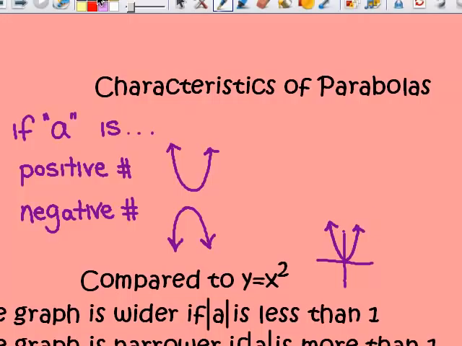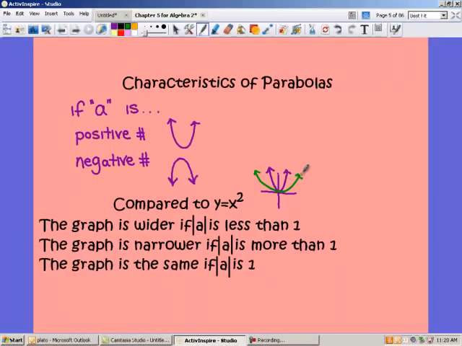If it would be wider, of course, we all know what wider than that would be. It'd be something like that maybe. If the graph is narrower, meaning it's really skinny, then this A value, regardless if it's negative or positive, will be more than 1. So it'll be like a really tiny U. And of course, if it's the same exact width as this purple, then we know that the absolute value of A is 1, just like the A is 1 right here.